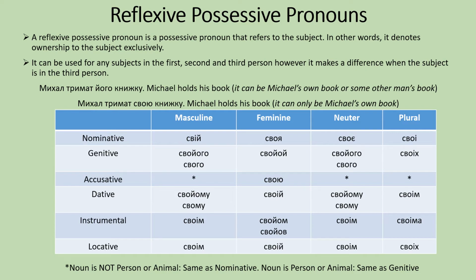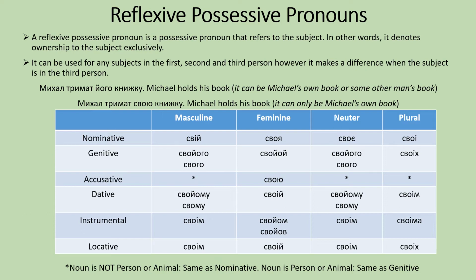For plural, swoi. In the genitive case, the masculine is swojoho, or alternatively, swoho.